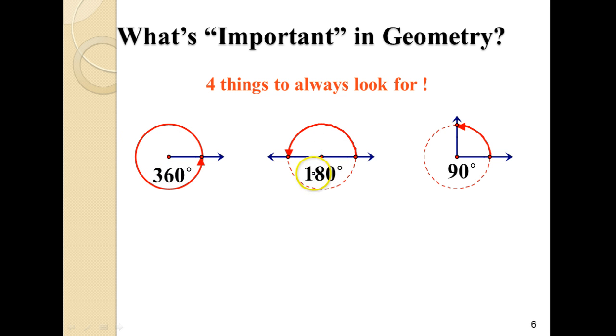And then here you have the 180 angle, which is half of the 360 angle. And that is called a straight angle because you just have a straight line. So this one will be a circle. This one will be a semicircle, but we call it a straight angle. And then this one right here, of course, we all know that's a right angle.